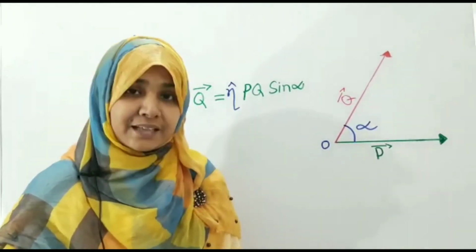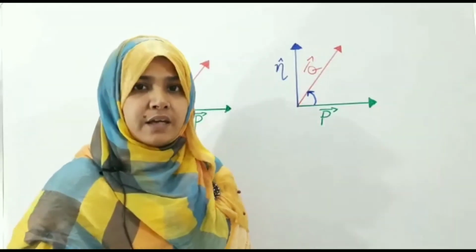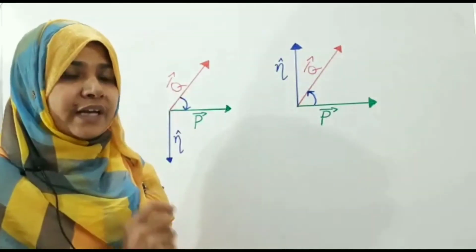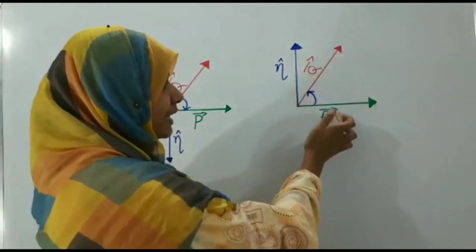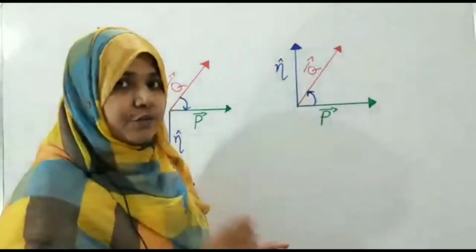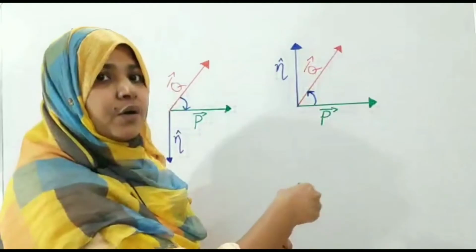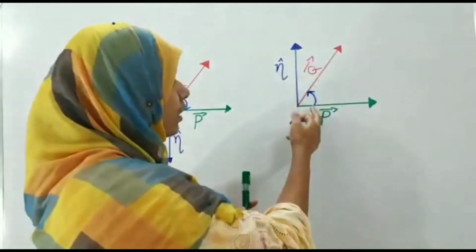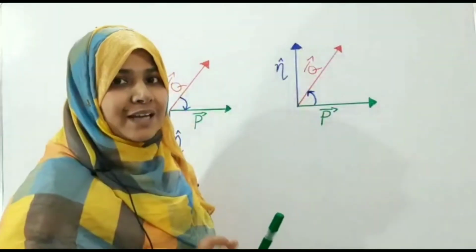So what is the right hand screw rule? If we are going to identify the vector product of P and Q, that means P cross Q, then if we put a right-handed screw here, in which direction will the screw move to go from P to Q by making the shortest angle?